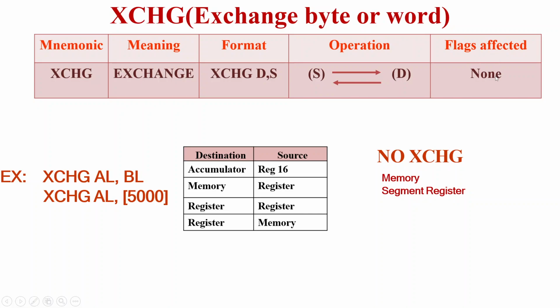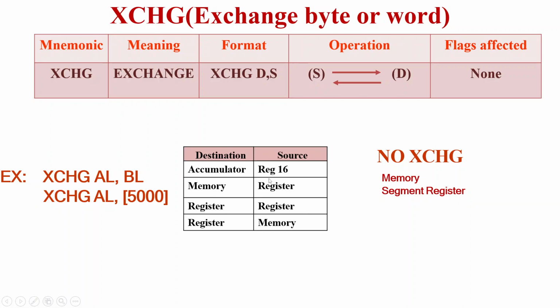The flags are unaffected under this operation. Examples are XCHG AL comma BL, XCHG AL comma 5000. The content of BL and AL will be replaced with each other. Similarly, the content of memory location 5000 and the content of AL will be replaced.